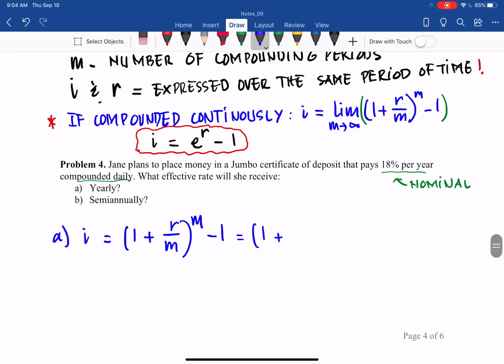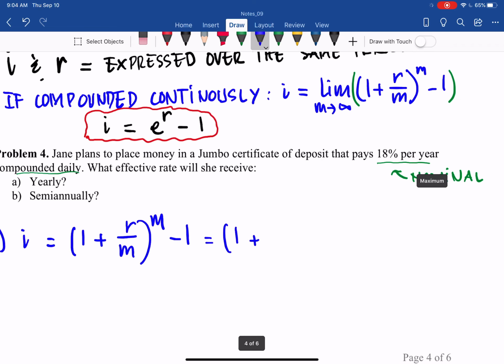We want I per year, yearly, then R has to be per year, and this is 18% per year.